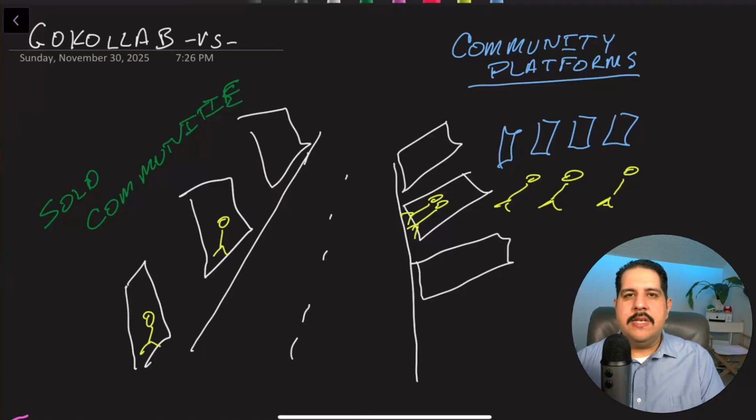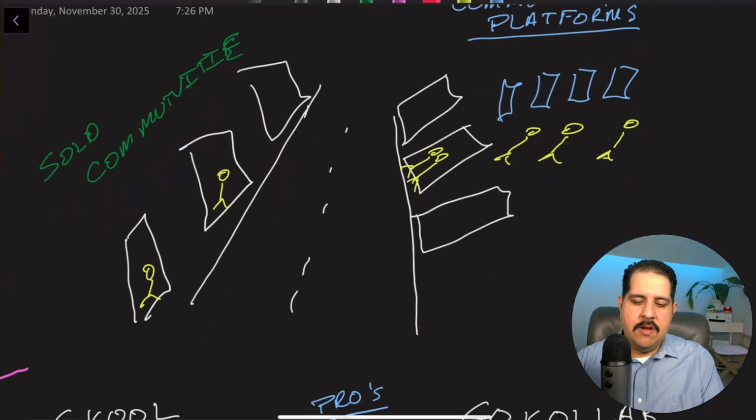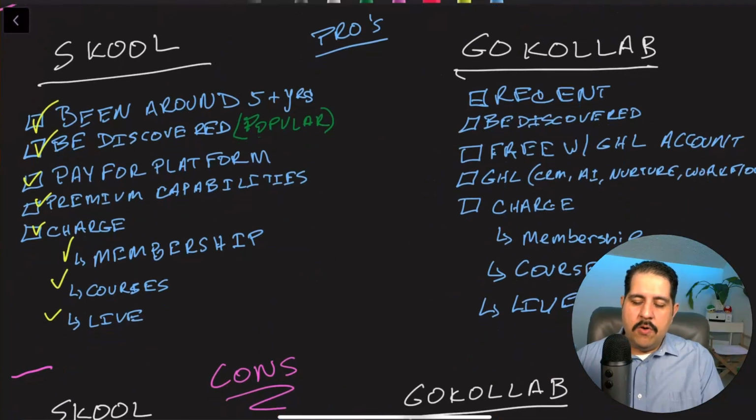Where every single organization had their own set of communities, their own groups, their own set of courses. And there was really no way for someone to quickly jump between courses, or between communities rather. So with the advent of Skool, what High Level decided to do is start GoKollab. So it's more recent, right?